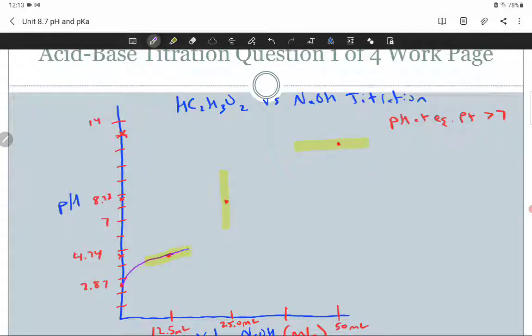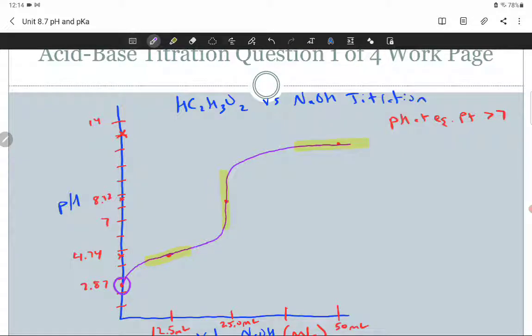And then at some point, the HA starts getting used up more and more, so the buffer ability gets less and less. And again, it'll approach 13, but it won't ever get to pH 13. And now that I look at that, my line goes more to pH 12. That's fine though.